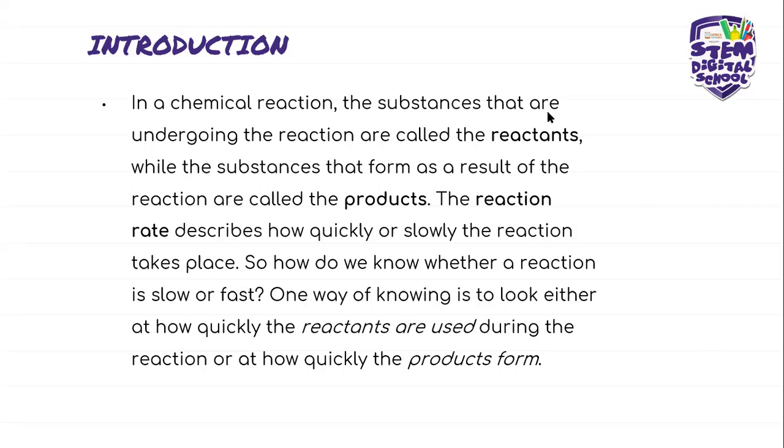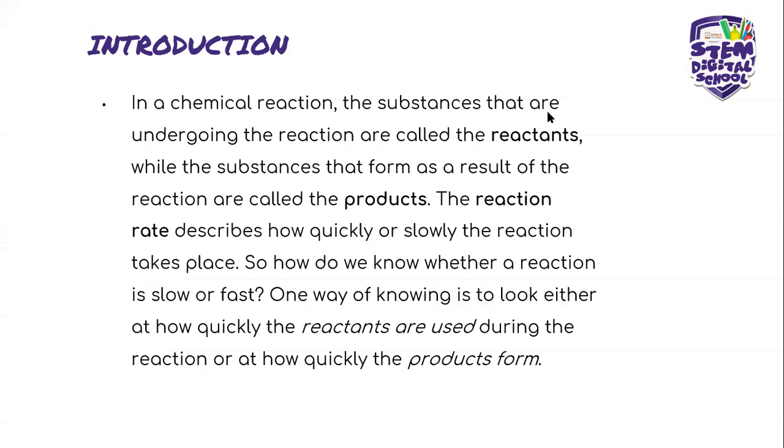Now the reaction rate describes how quickly or slowly the reaction takes place. So how do you know whether a reaction is slow or fast? One way is to see how quickly the reactants are used during the reaction, or how slowly the products are formed.